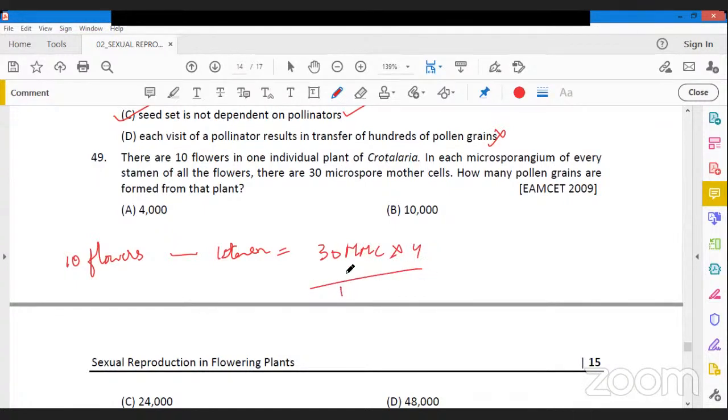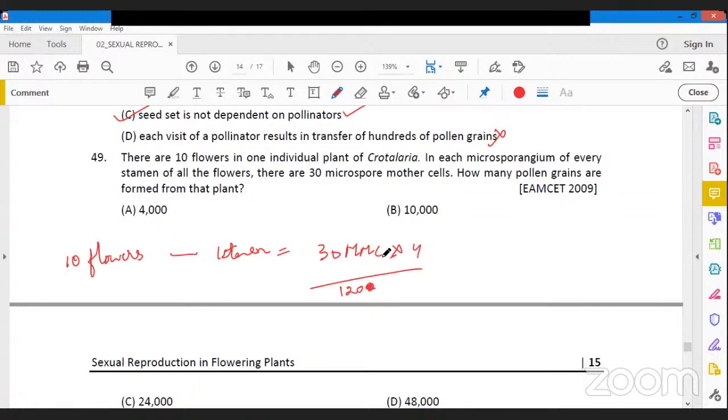3 fours are 12. So if there are 30 microspore mother cells, 120 pollen grains are produced. Correct? 120 pollen grains.